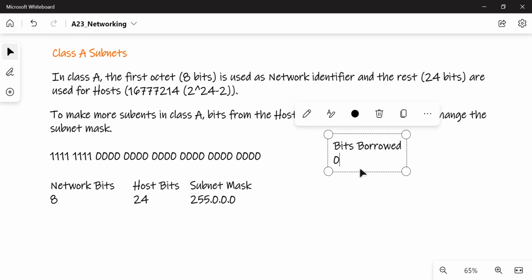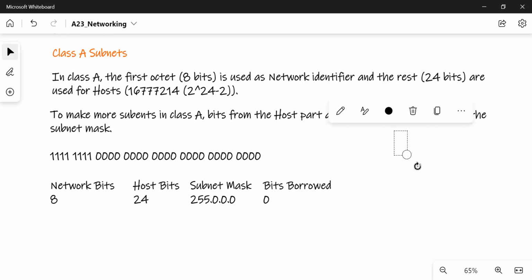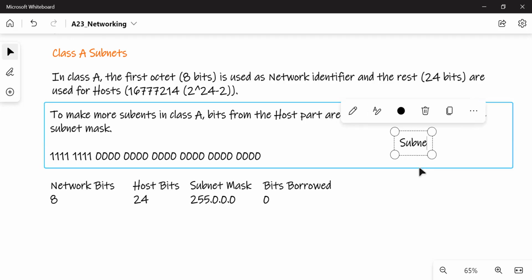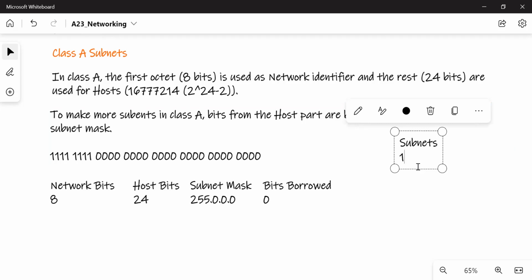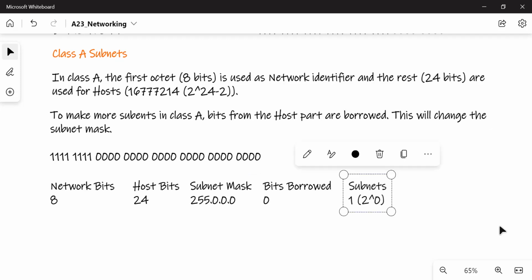We have not yet borrowed anything. So therefore, the number of subnets, if you talk about, that means the networks, is 1, isn't it? Because we haven't borrowed any. So we can say 2 to the power 0. We haven't borrowed because number of subnets depends on number of bits we borrow. Right? So we haven't borrowed any. So therefore, we have a single network.